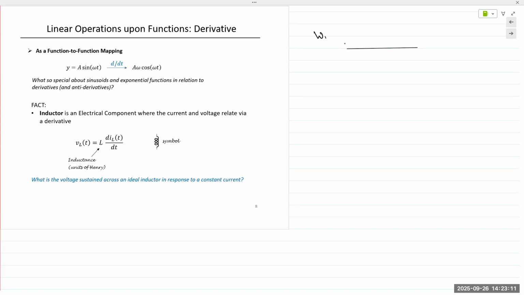A wire or a conductor, it's ideal. Both are ideal. The names wire and conductor are synonyms of each other.